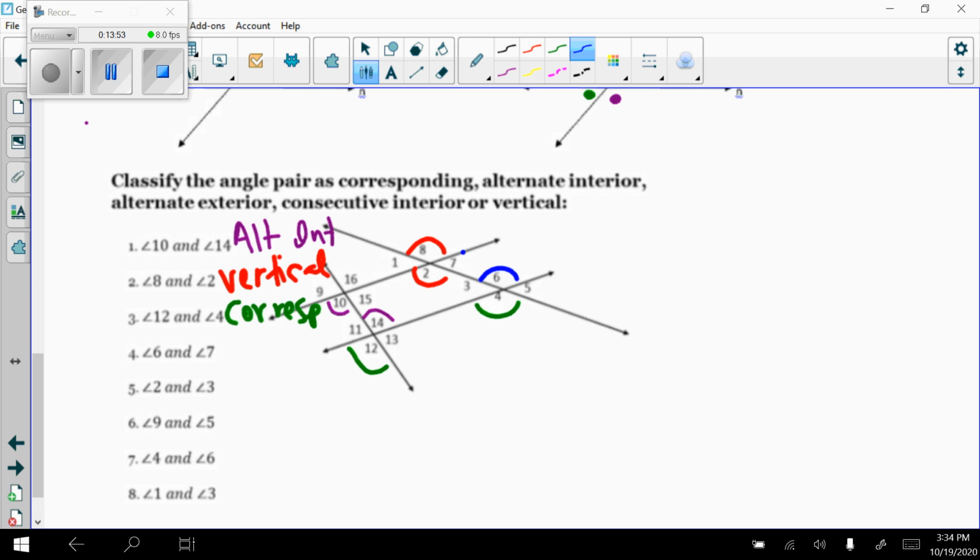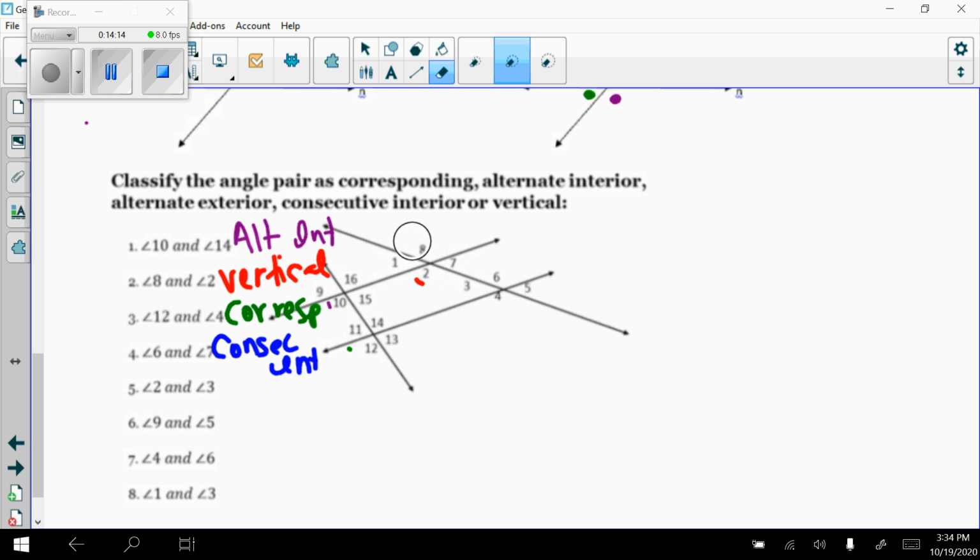So here's 6, here's 7. Again, they are on the same side of the transversal, so I know they're not any of my alternates. But they're one right after the other, so this is consecutive interior. All right, I'm going to erase all of those so we can start back over with our colors.